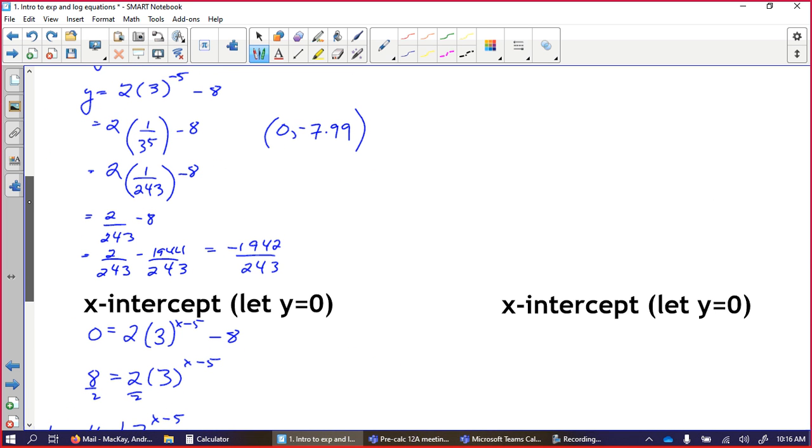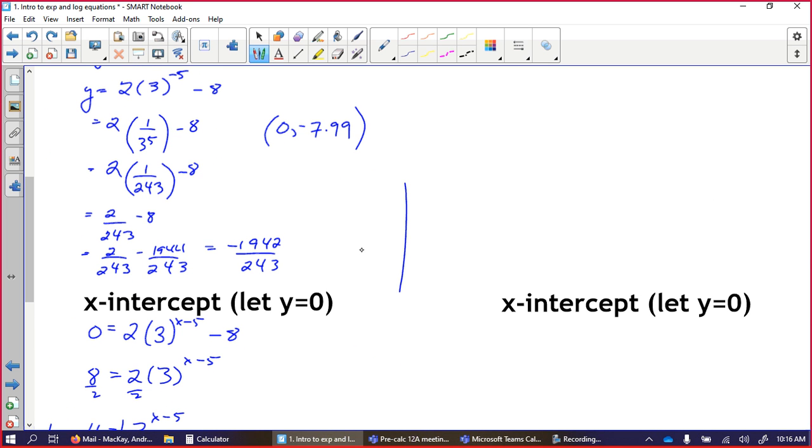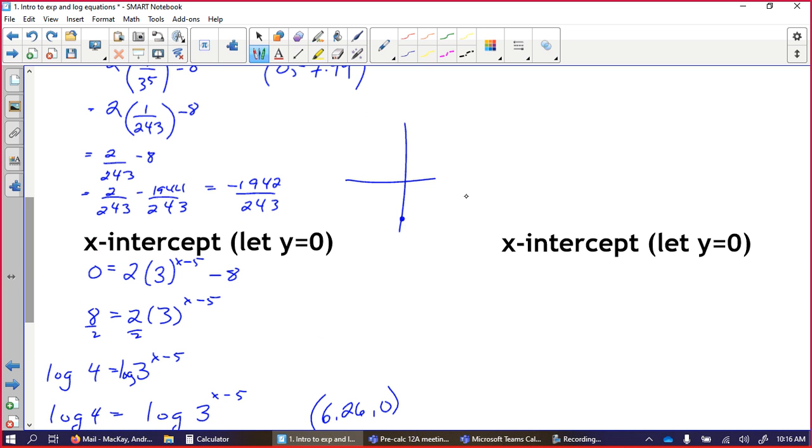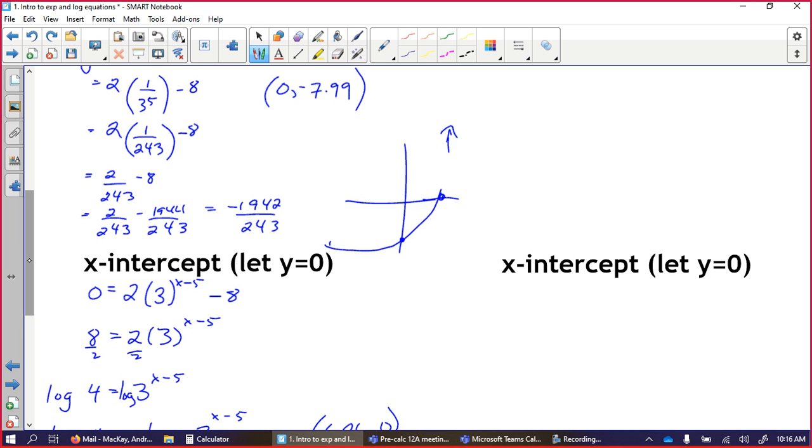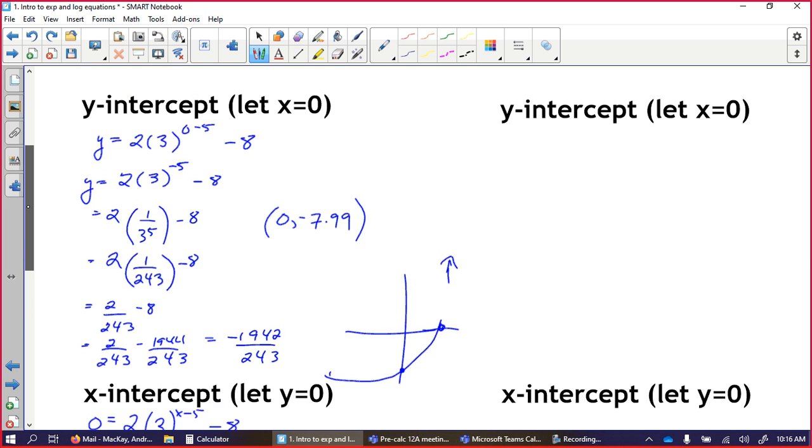So we know the y-intercept is 0 and negative 7.99, and the x-intercept is 6.26 and 0. And our graph would look something like that. The asymptote is at negative 8, and there, without having to generate points.